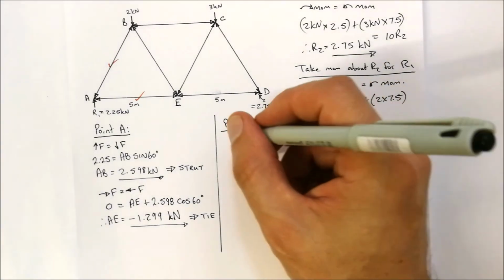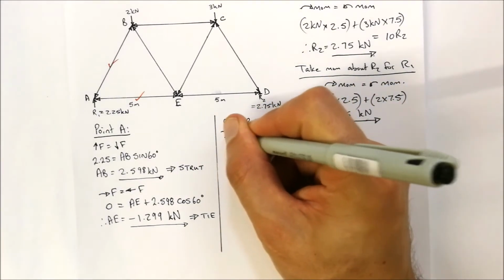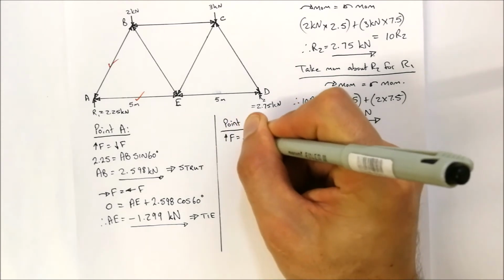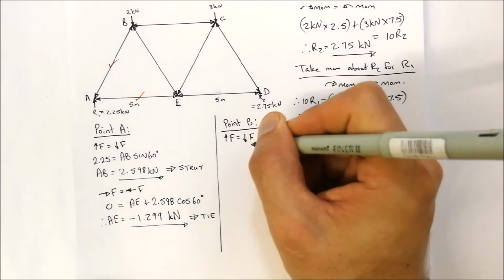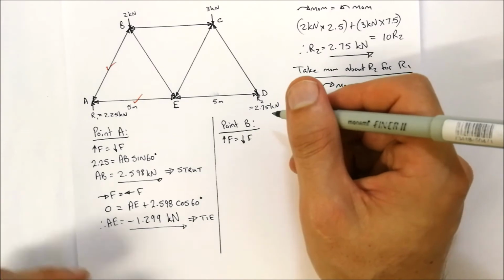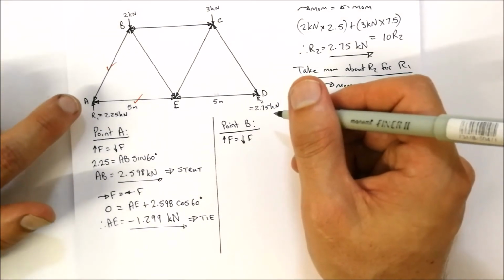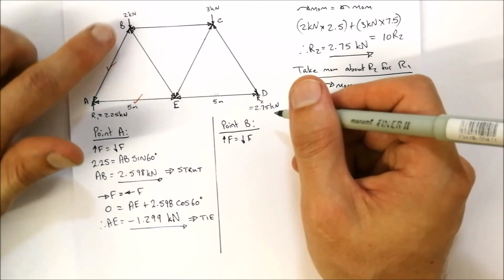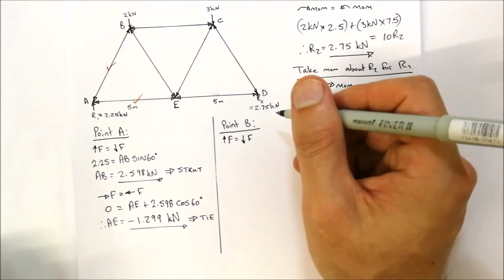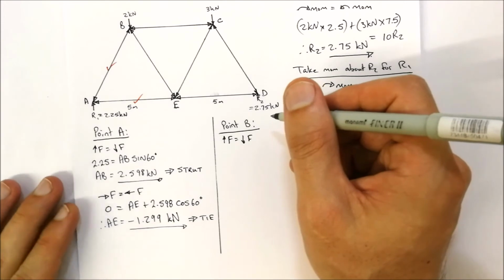Let's say upward forces are equal to downward forces. Looking at upward forces, there's AB, which acts with its vertical component, so it's multiplied by sine 60.